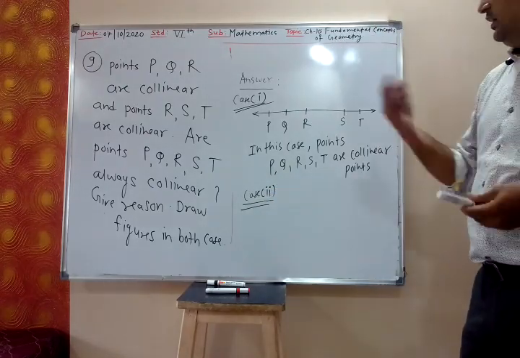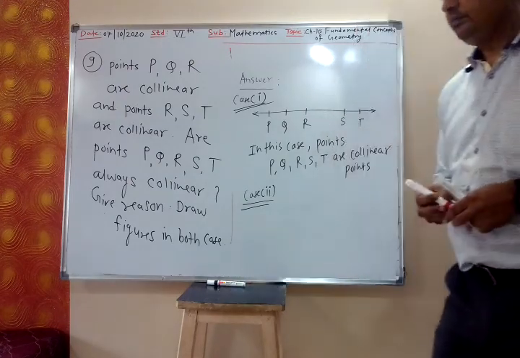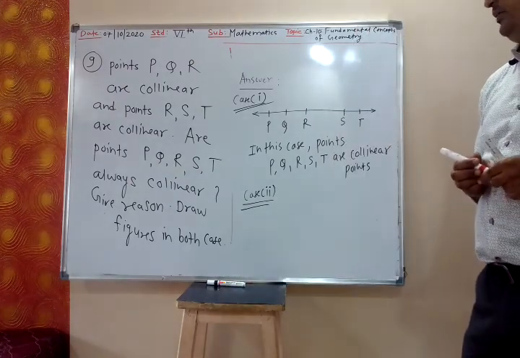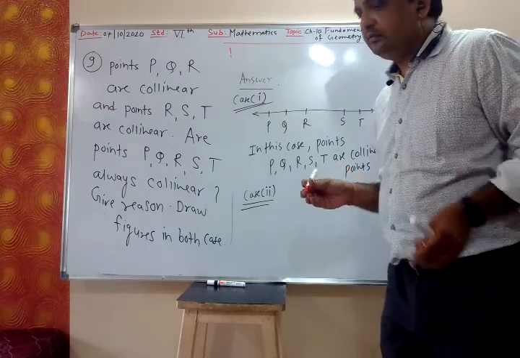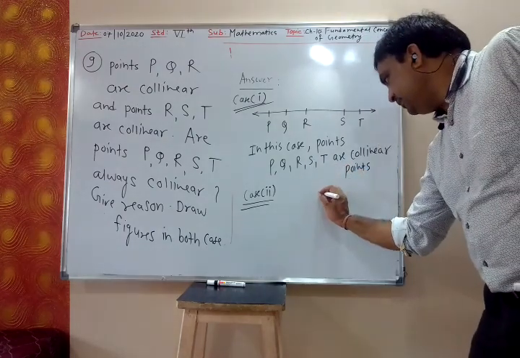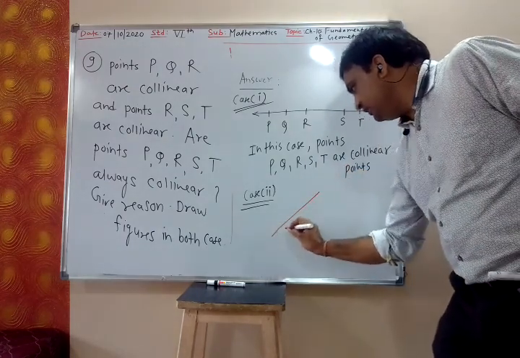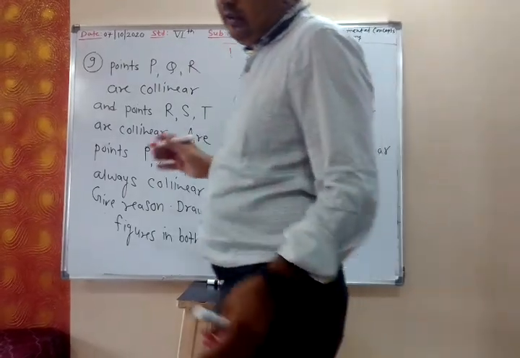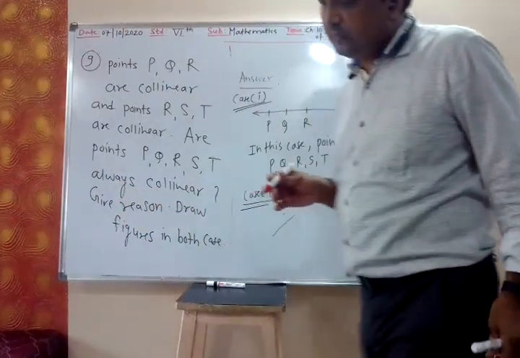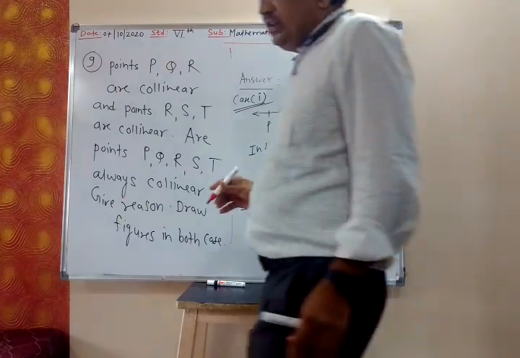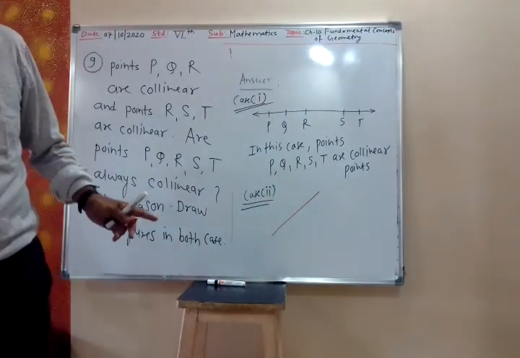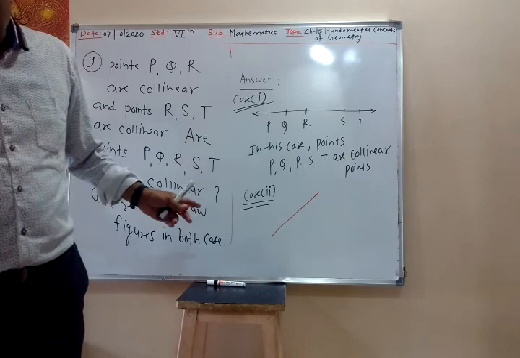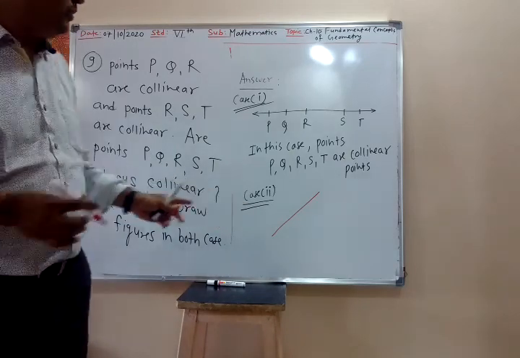Now let us take the points P, Q, R. This is my one line. In this case, points P, Q, R are collinear, no?